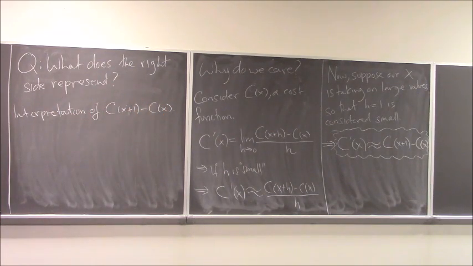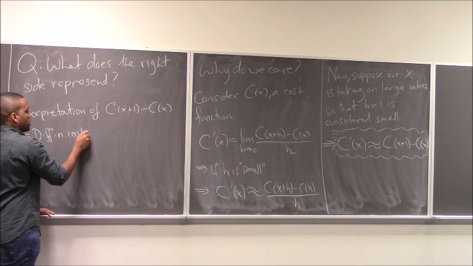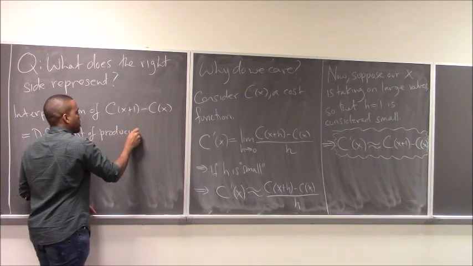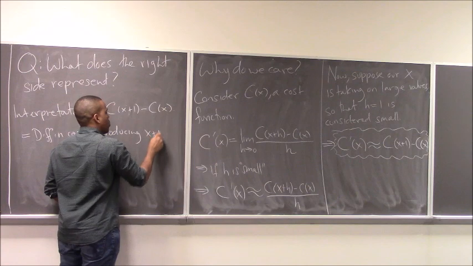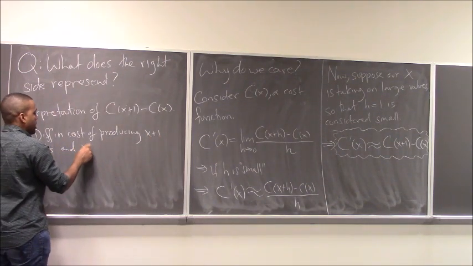Yeah? The difference between producing one more unit and the difference in cost between producing one more unit versus the original amount of units that we produced. Okay, so this is the difference in cost of producing or selling or whatever x plus 1 units and x units.